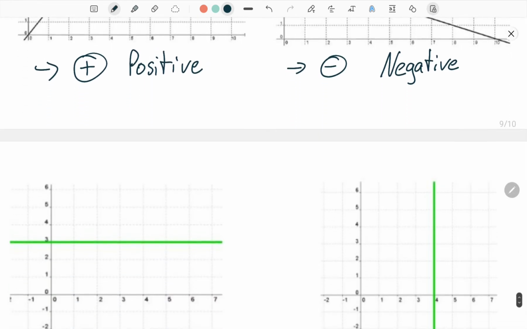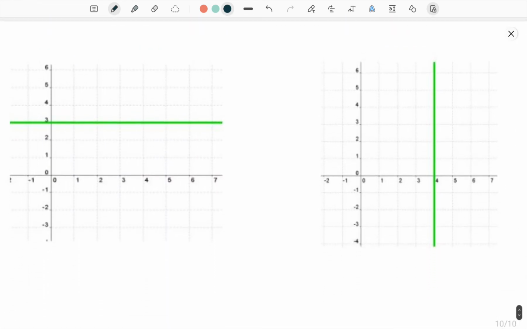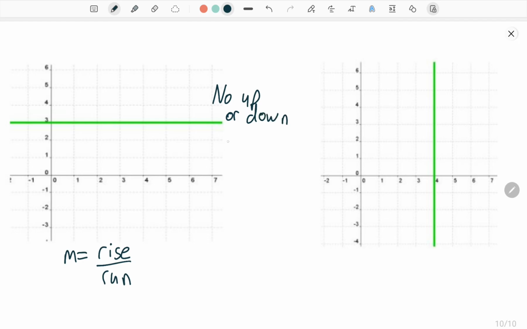All right. What about these final 2 examples? So in these final 2 examples, you're wondering like, oh, this isn't going up nor is it going down. So let's think about this in terms of rise over run. In terms of rise over run, does this have any rise? So it has no up or down. So that's actually going to mean the rise, since there's no up or down, neither positive or negative, is just 0.